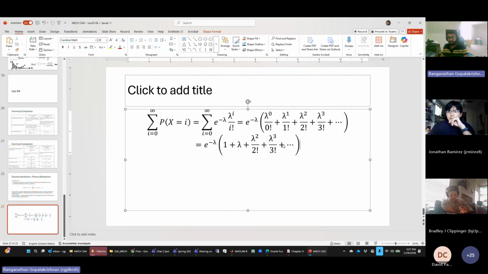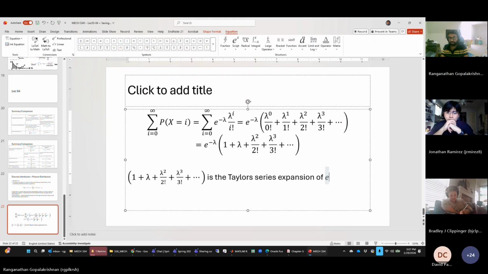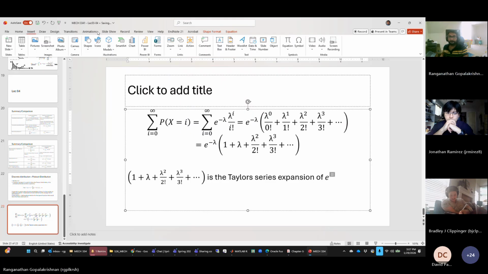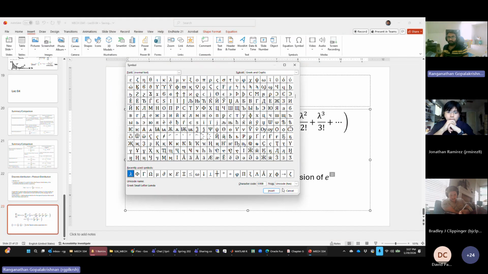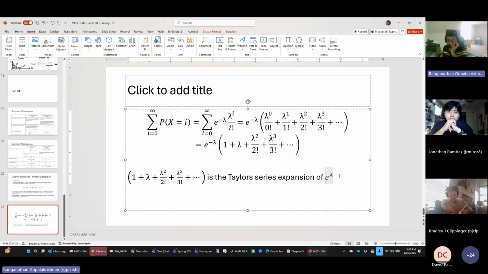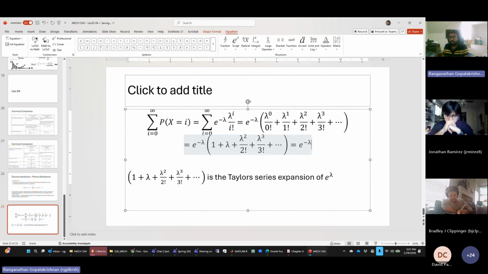So this is the Taylor series expansion of e power lambda. I mean, if you write it out, you can see that, and I'm just going to take this and say wherever this parenthesis appears, I'm going to replace it with e power lambda, which completes our quest to see whether the probabilities all add up to 1 or not, which they do.